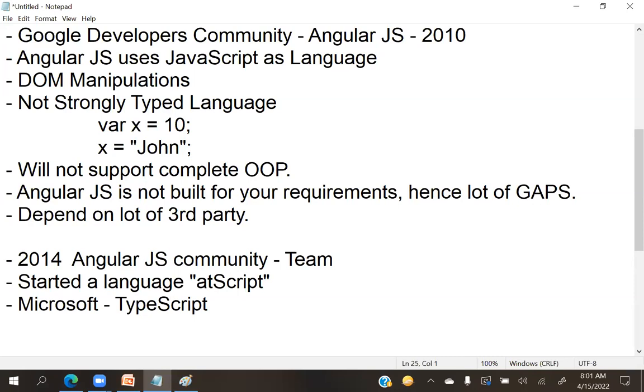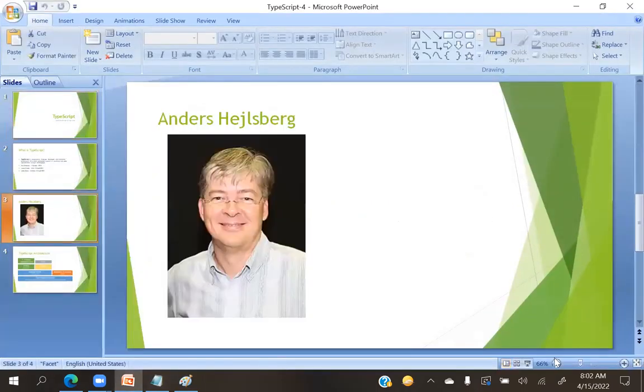They built this language for their .NET technology. TypeScript was built by Anders Hejlsberg, who is the architect of the language called C#.